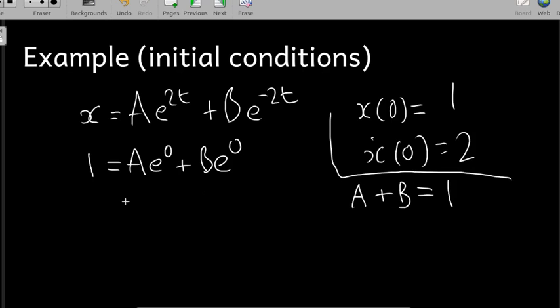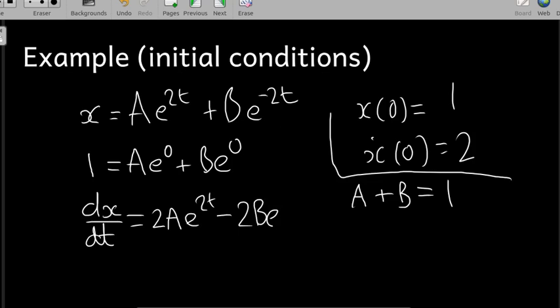And then substituting the other condition in here, x dot means dx by dt, so we'll have to differentiate our general solution before we can substitute into it. So dx by dt equals, differentiating a e to the 2t will give us 2a e to the 2t, and differentiating b e to the minus 2t will give us minus 2b e to the minus 2t.